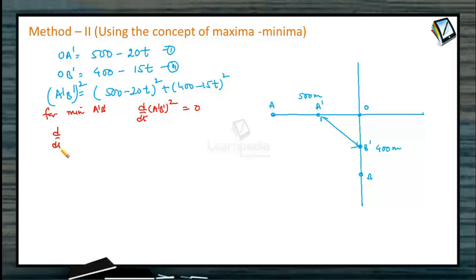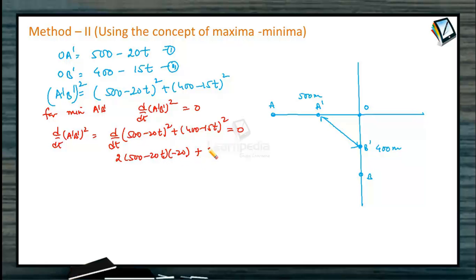So d by dt of 500 minus 20t whole square plus 400 minus 15t whole square should be equal to 0. So what you get? 2 into 500 minus 20t into minus 20 after differentiating, plus 2 times 400 minus 15t in the bracket into minus 15, should be equal to 0.